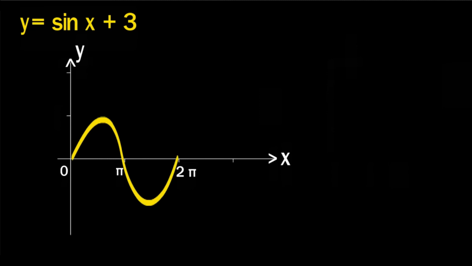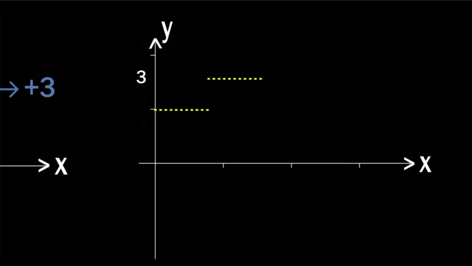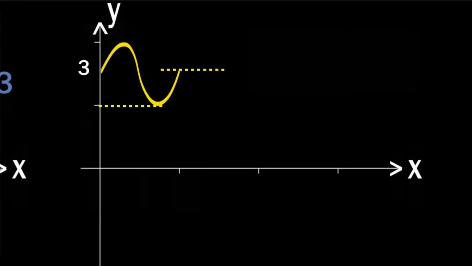Then we have a +3 here, which means we shift the entire curve up by 3, because all the values get +3. So 0 becomes 3 as the starting point. Let's say here is 3. The entire graph will be shifted up by 3, and you will get a new graph like this.